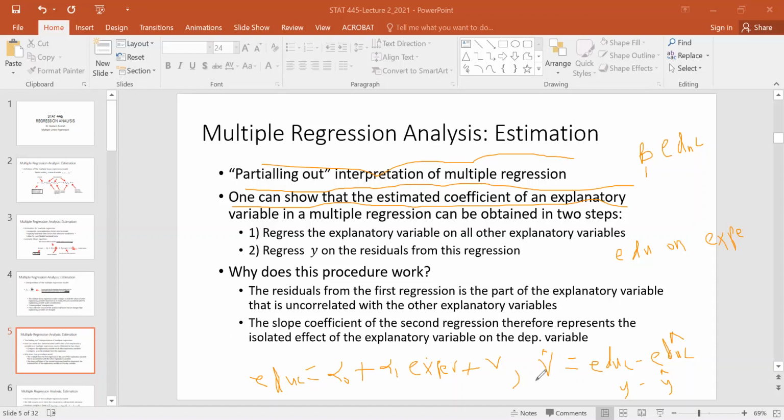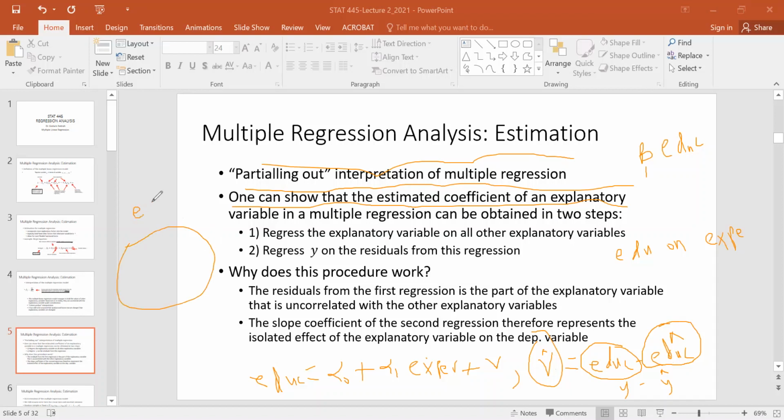So this V hat is education minus the part of education predicted by experience. I want to take that off. So what I'm left with is education minus its part that is affected by experience. So take this.